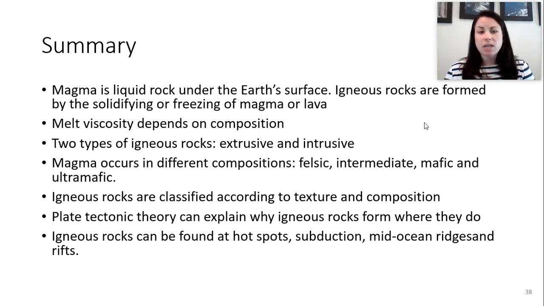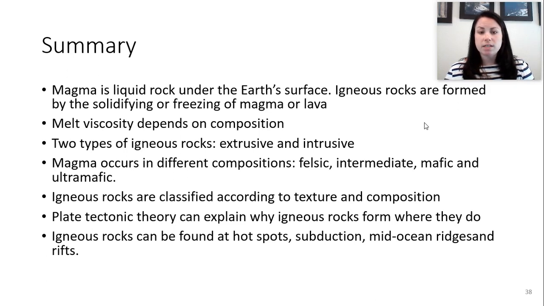We have two different types of igneous rocks, extrusive and intrusive. Magma occurs in different compositions. We talked about how there's a correlation between mineral content and the words that we use to describe those different compositions. So we use the words felsic, intermediate, mafic, and ultramafic.